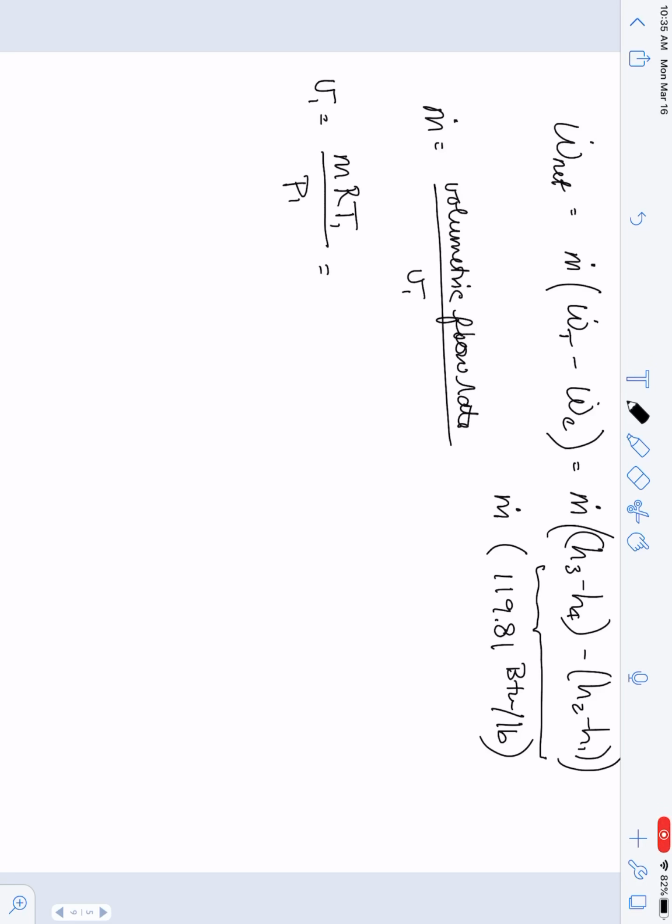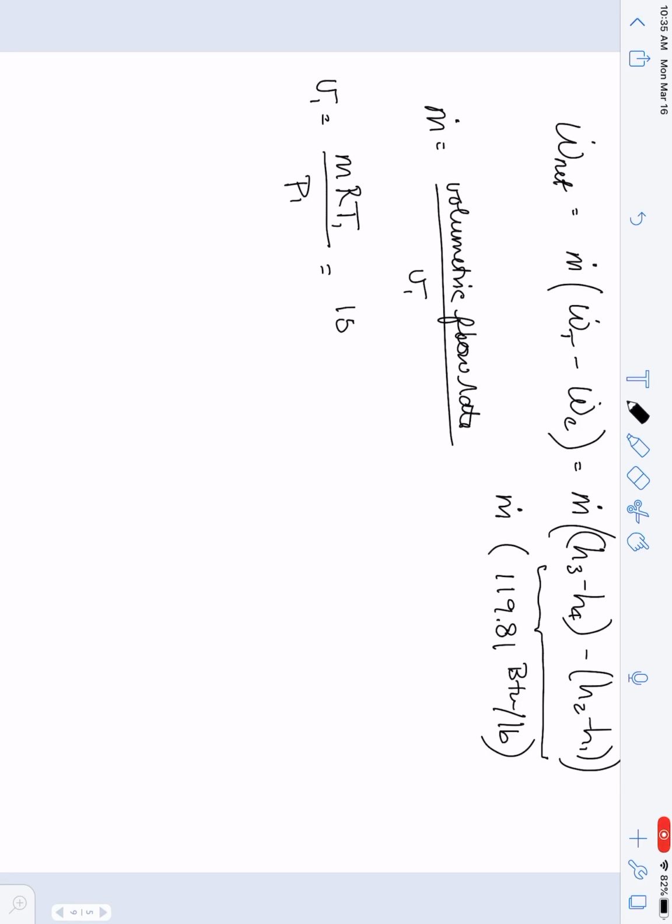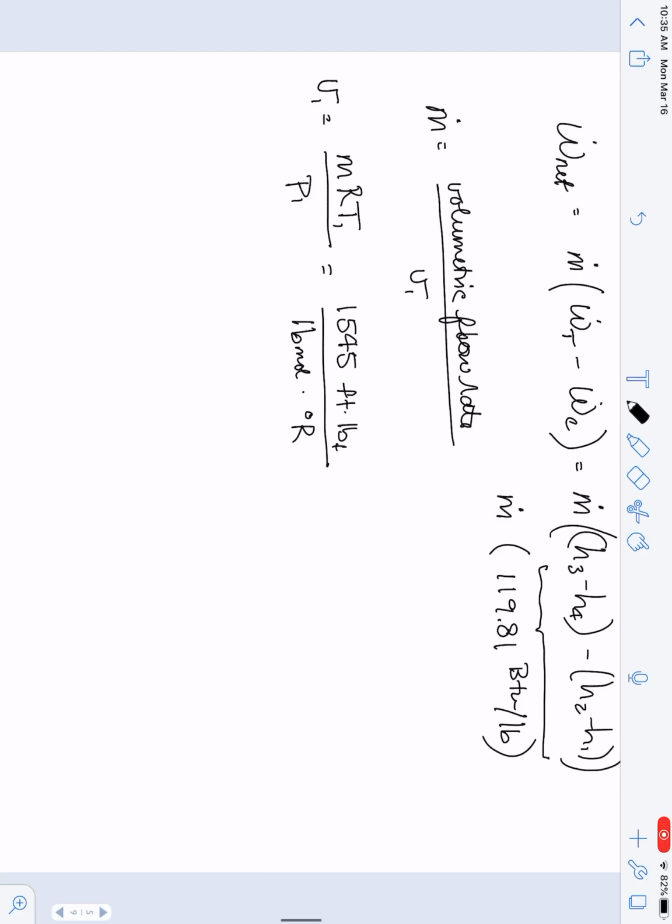Start with R in English units, which is 1545 foot pounds force per pound mole degree R. We ultimately want that to have units of mass, not moles, in the denominator, so we'll divide that by the molar mass of air.